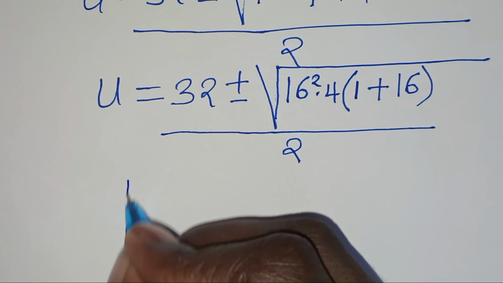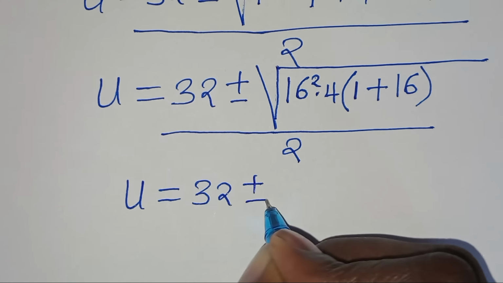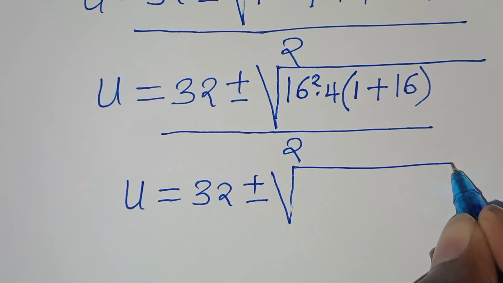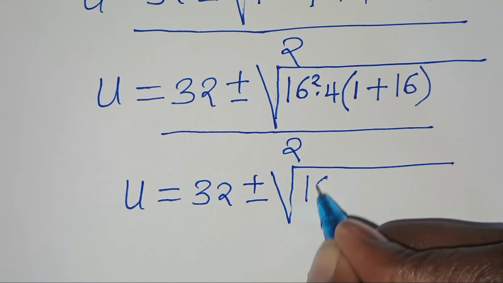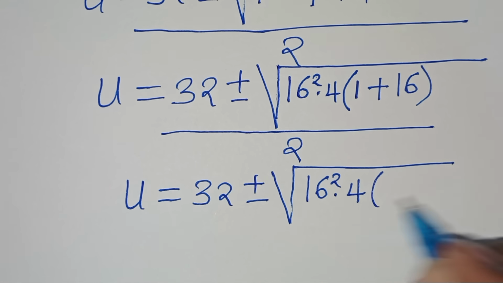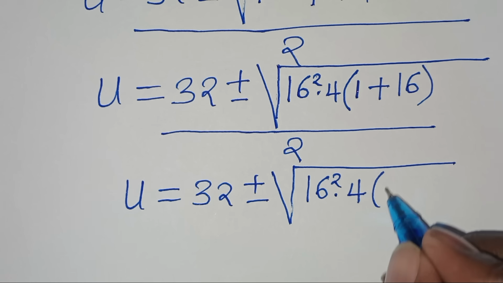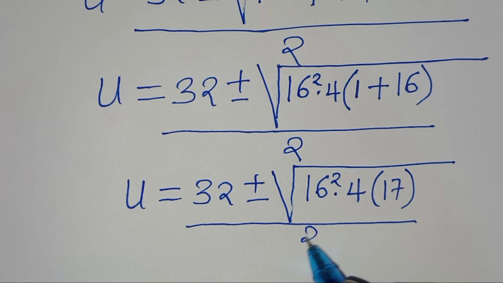The next step is that we have u is equal to 32 plus or minus the square root of 16 to the power of 2 multiplied by 4 into the parentheses, 1 plus 16, this is 17. Then this is divided by 2.